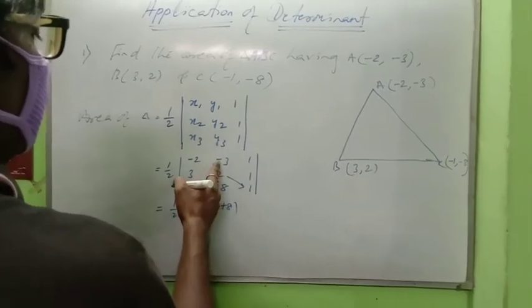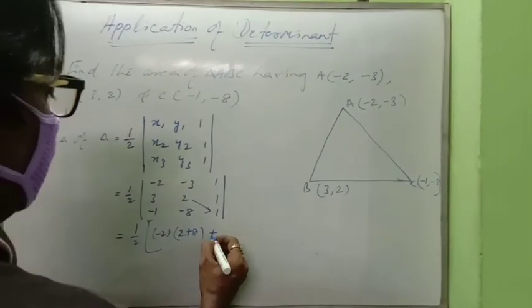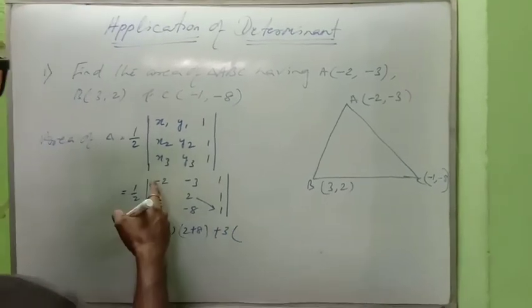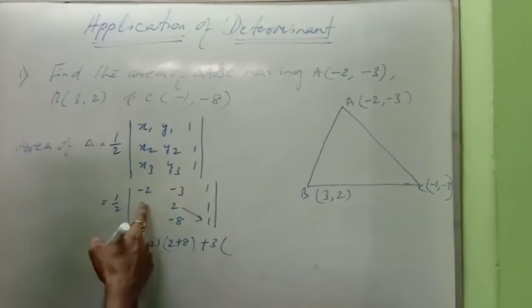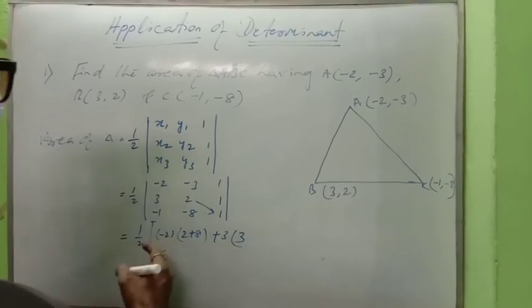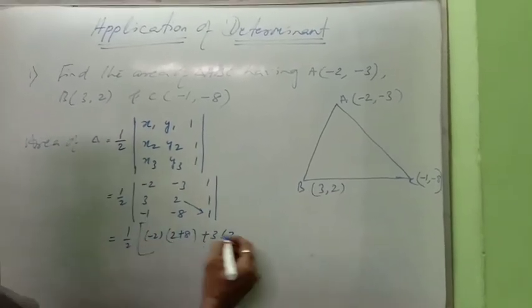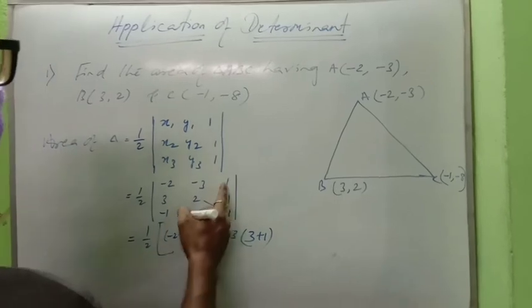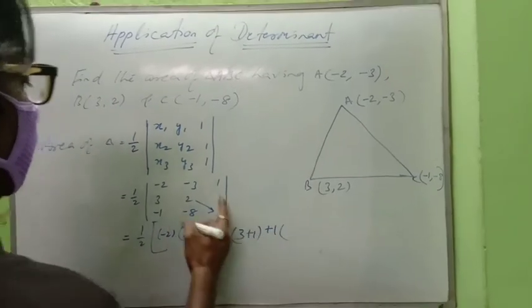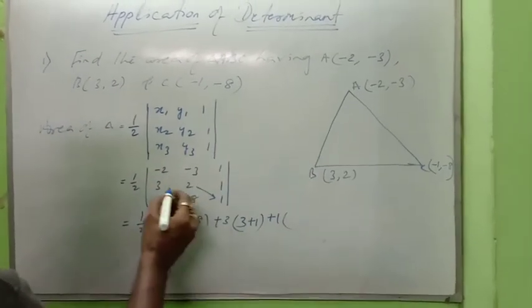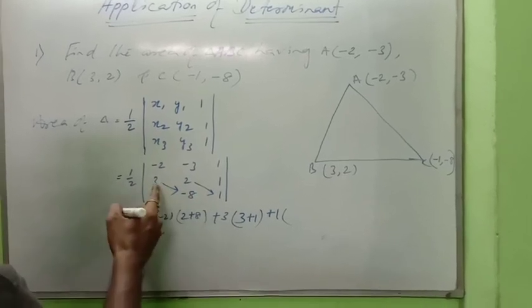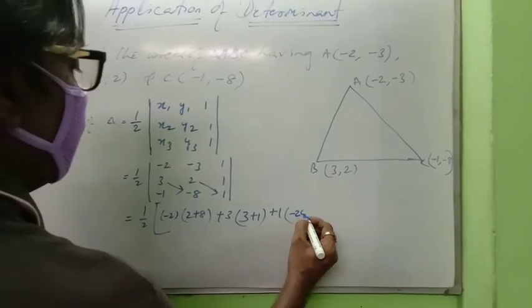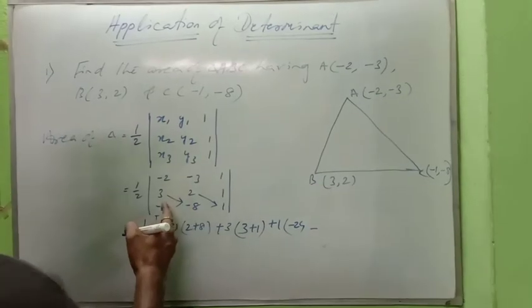Next one will be minus of minus, that means this will be +3, whole into this row omit, this column omit, 3 into 1 is 3, minus 1 into -1, that will be +1. Next one 1 plus 1, whole into row omit, column omit, that is this into this, 3 into -3, that is -9, minus -2, that will be +2.